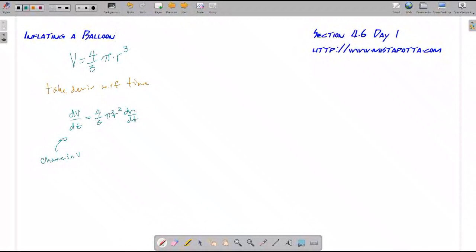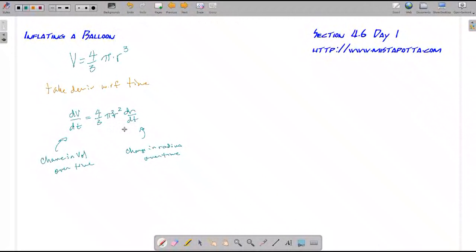And so what I've got is a formula that relates the change in volume over time with the change in the radius over time. And of course, if I'm inflating a balloon, I'm changing its volume, but I'm also changing the radius of the balloon.